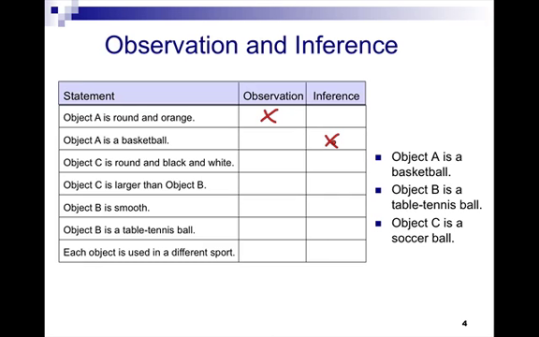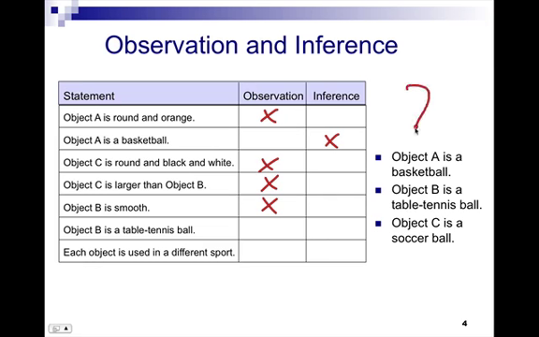Remember, an inference is a logical interpretation based on prior knowledge. How about the next one? Object C is round and black. Perfect. Observation. Object C is larger than B. Once again, observation. Next one. Object B is smooth. Observation.